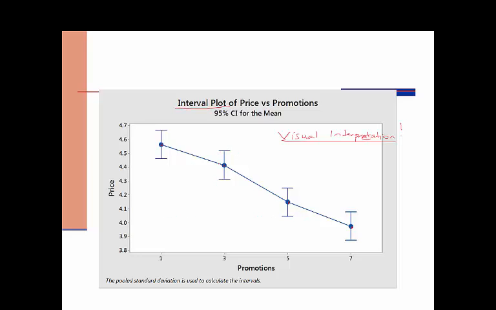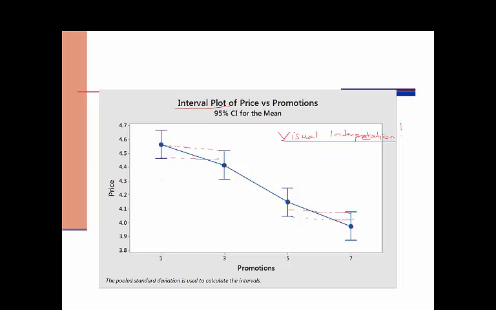And then it's the 95% confidence interval. So this shows some overlap between them, right? This one and this one overlap a little bit, right?